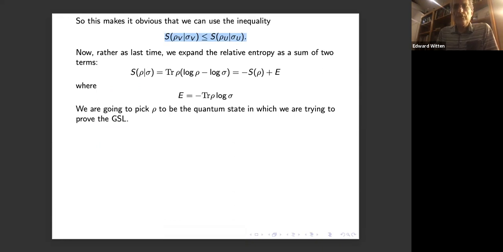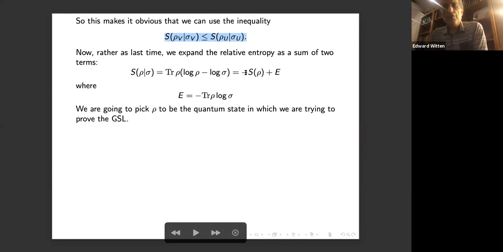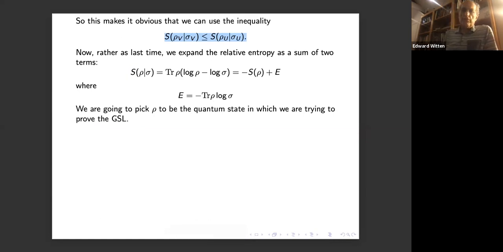Now, rather as in discussing the Bekenstein bound, we expand the relative entropy as a sum of two terms. Well, okay, here for the moment I'm more naive. Trace rho log rho is minus S of rho, and I'll simply call minus trace of rho log sigma E. And we're going to study this inequality for two states.